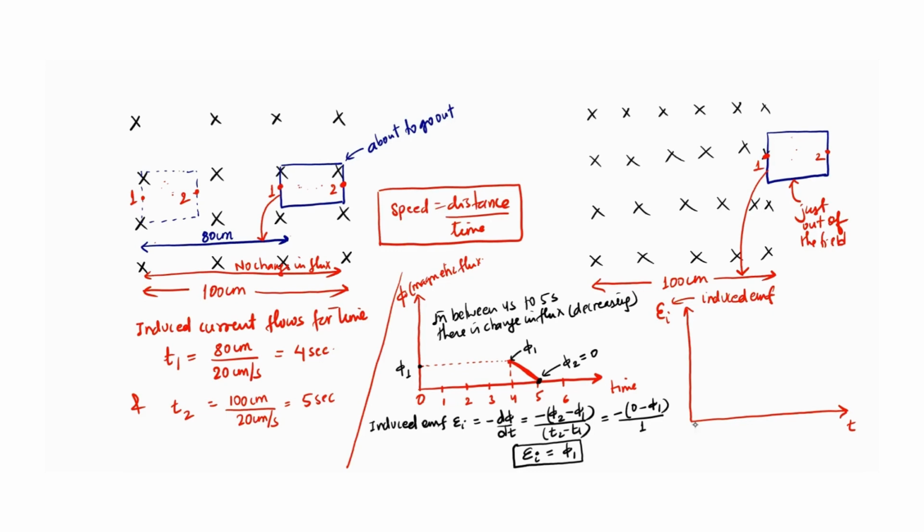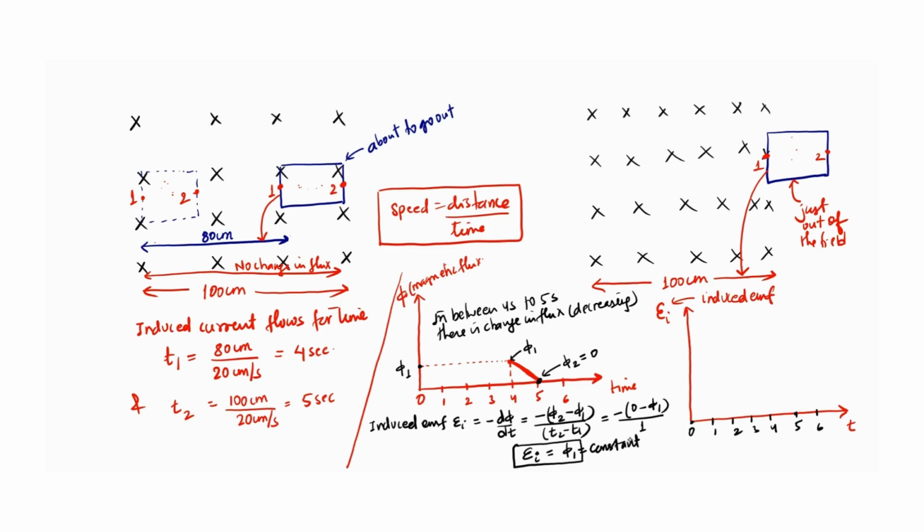Clear? So for time 4 seconds to 5 seconds, let me draw over here in this way, 1, 2, 3, 4, 5, and this is 6. Induced EMF EI equals phi 1.